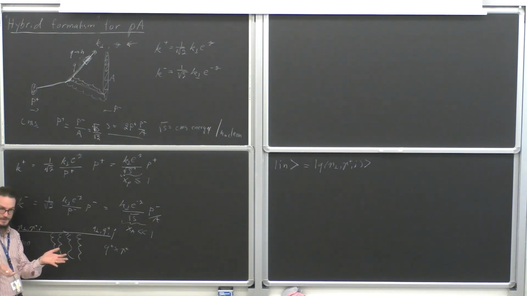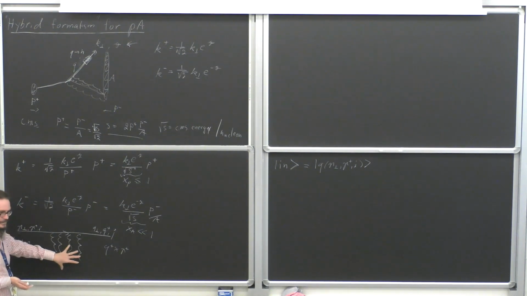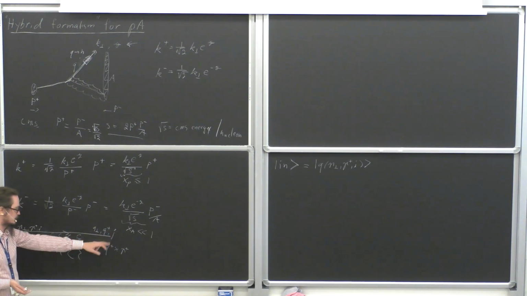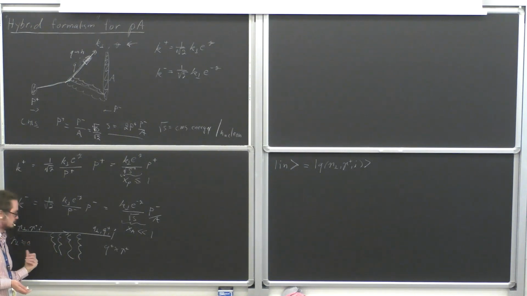So the approximation I made 2 days ago, that the color field doesn't depend on X minus, here in this context means that the plus momentum of the outgoing particle is the same as the incoming particle, no plus momentum coming from the target, which if you look at the kinematics is natural. There is very little plus momentum in the left moving nucleus, so there's no plus momentum there for you to take.